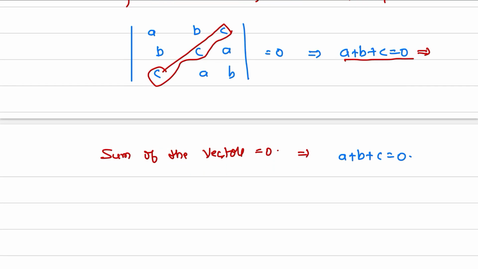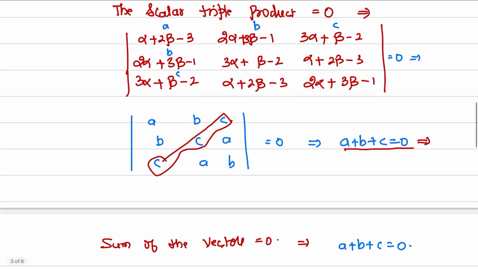If the i-th vector is taken, the component of unit vector i is taken, a plus b plus c is equal to 0. Individual component should be 0.